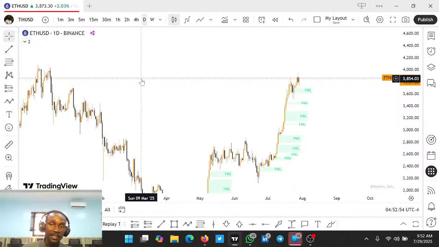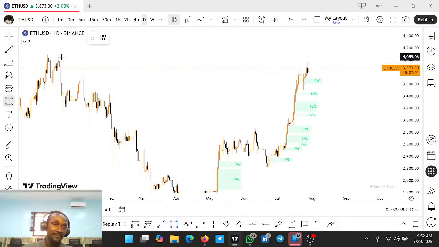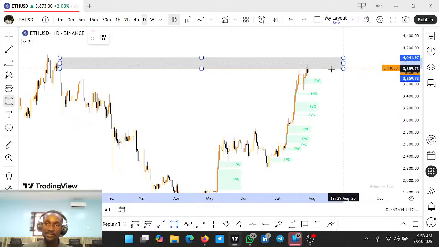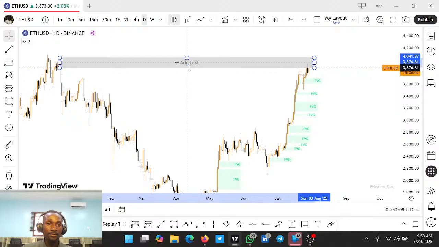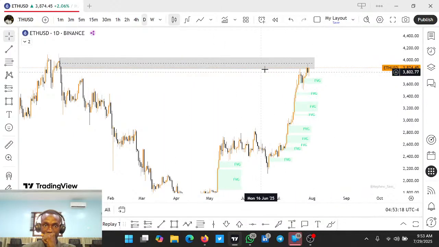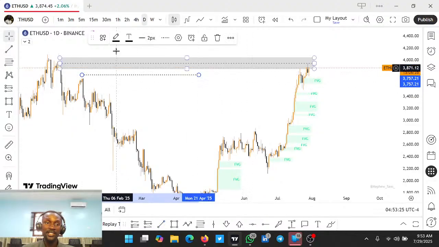But also take note of something. There is a supply zone here, and the market is currently reacting to a supply zone on this daily time frame. So be careful. As much as I want to be buying, we should also be looking for opportunities to sell, right? Since the market is currently at a supply zone, we're looking for opportunities to sell Ethereum because the market is reacting to a clear higher time frame supply zone with an inducement, right?